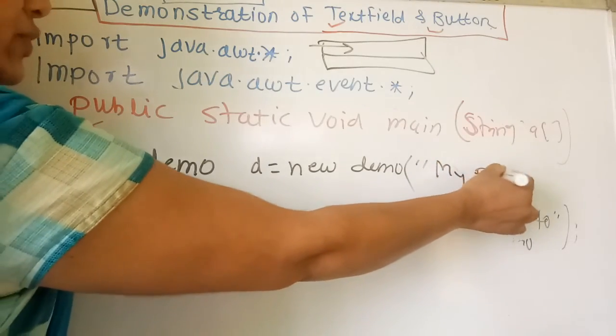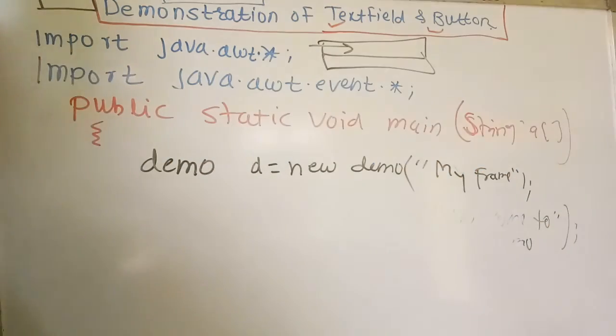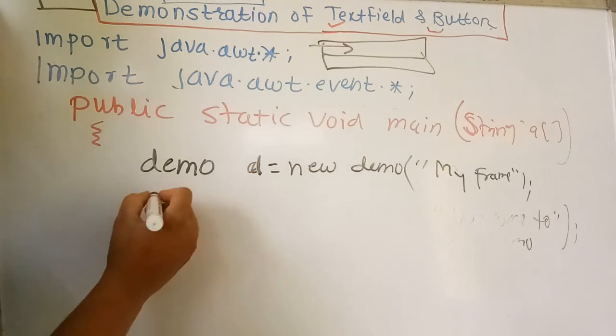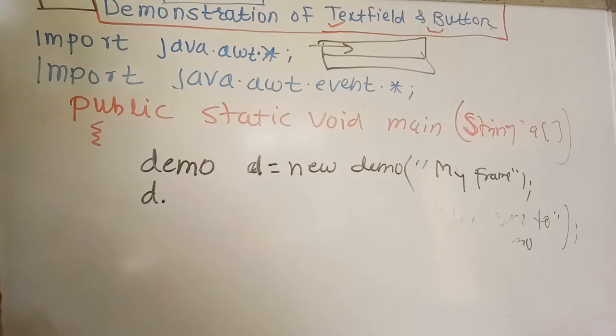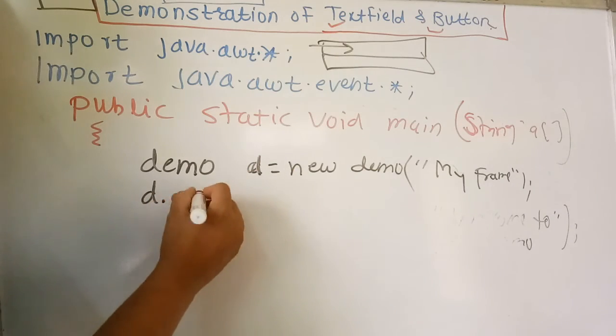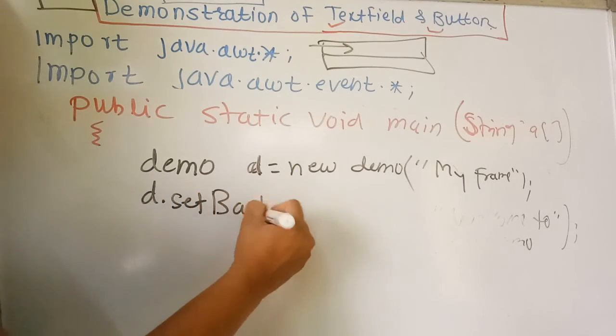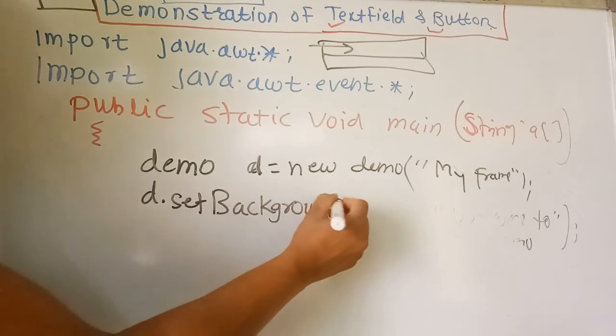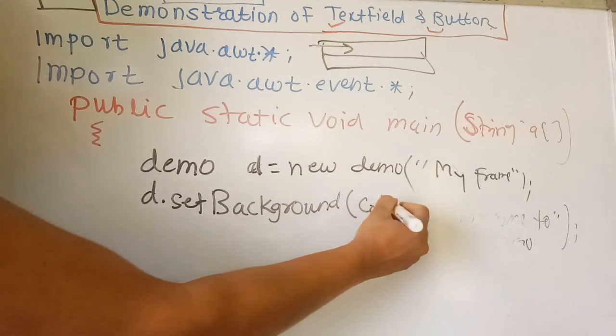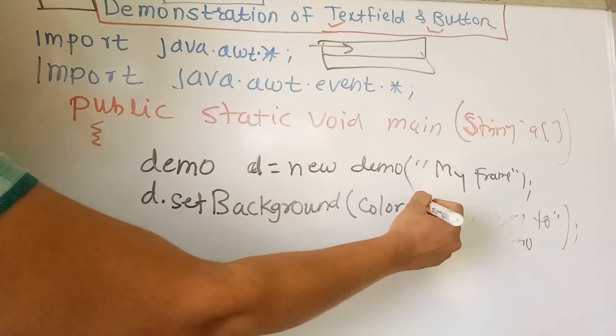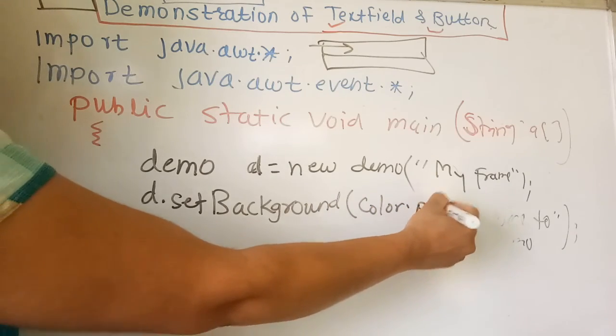Then you can also set the background of the frame. This can be set using a method: if it is an object d, then you set the background as d dot setBackground, in brackets specifying a color, for example pink.